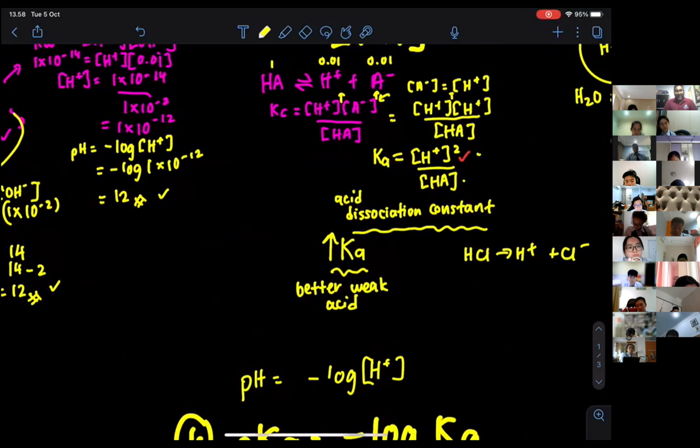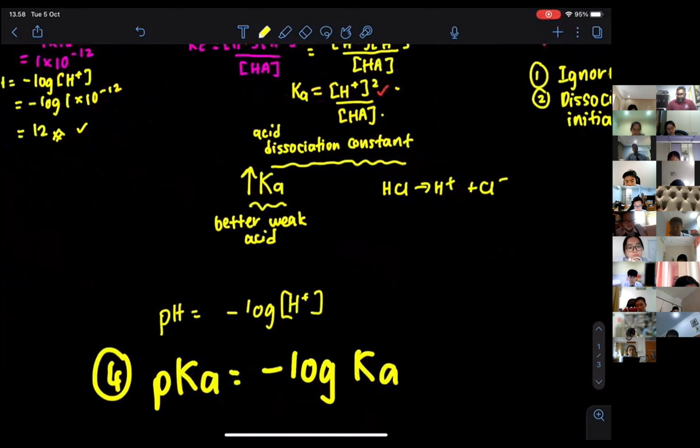But I can also represent the Ka in terms of pKa. If I have pH 1 and then pH 5, I can tell that the pH 1 acid is going to be a stronger acid. Why do I say it's a stronger acid? Because the concentration of H plus is more. That's why it will give you pH 1.